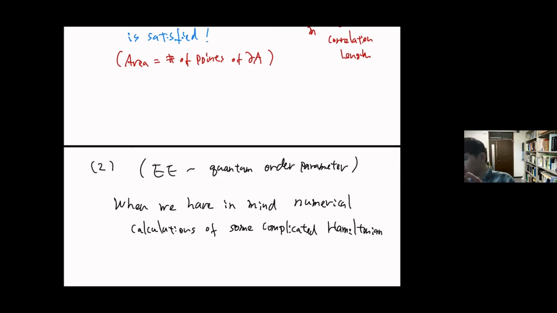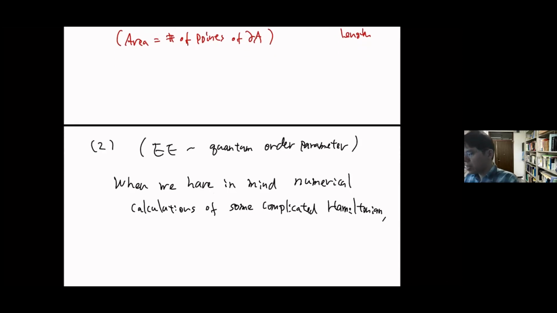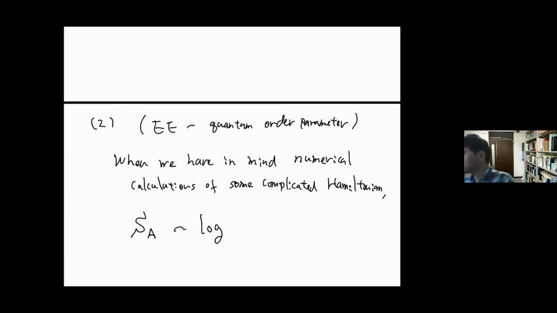In that case, we have to do some numerics. And people noticed that the entanglement entropy, the von Neumann entropy, roughly speaking, is the log of the effective rank of rho A.